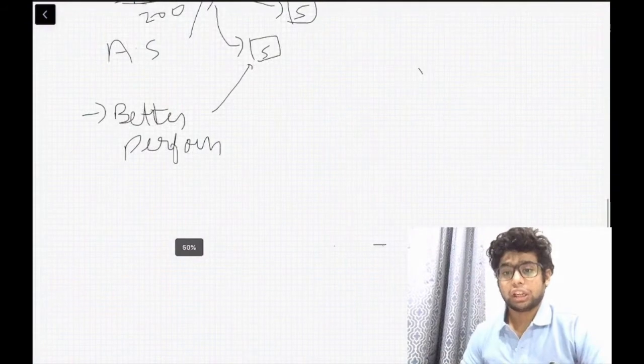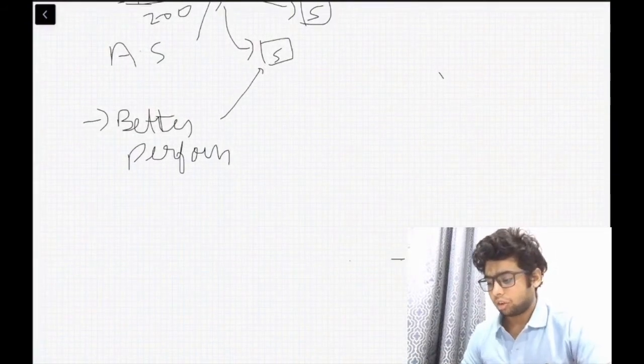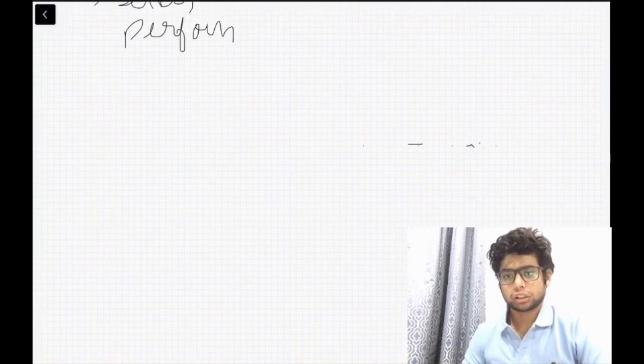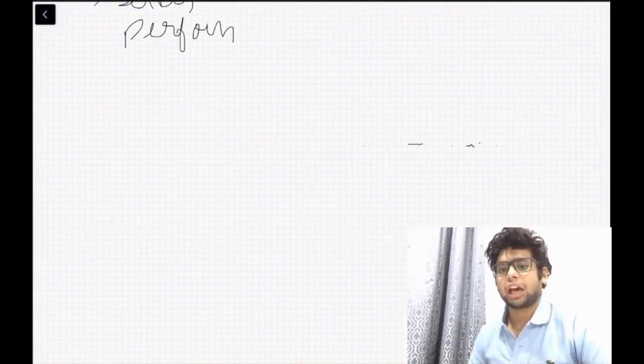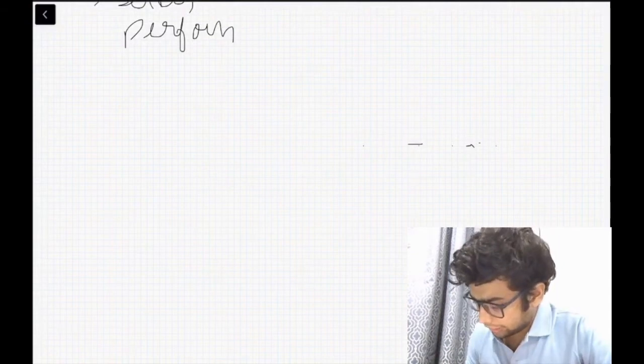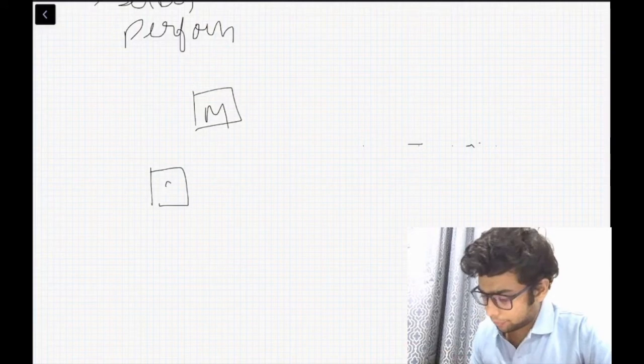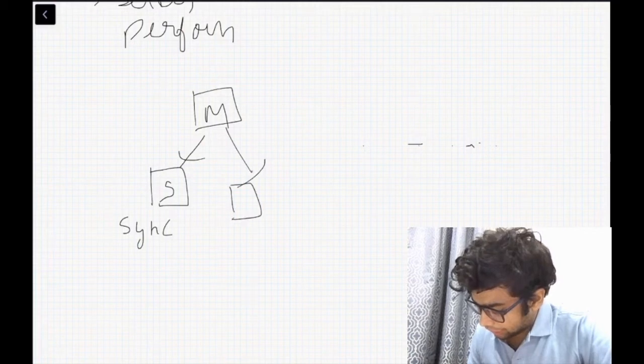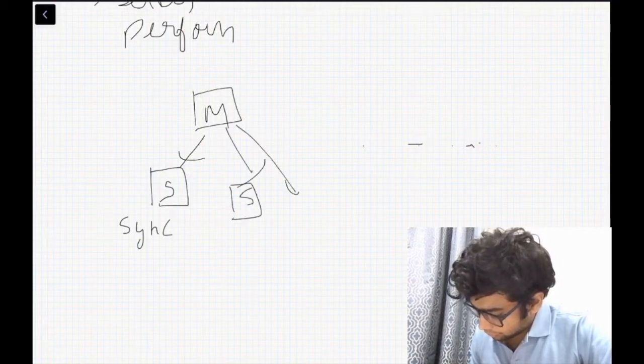So there is a third technique where we mix and match these synchronous and asynchronous. Some of the slaves are synchronous and other slaves are asynchronous. So let's say this is our master. This one slave, let's say we keep always as sync, and these two slaves are async.